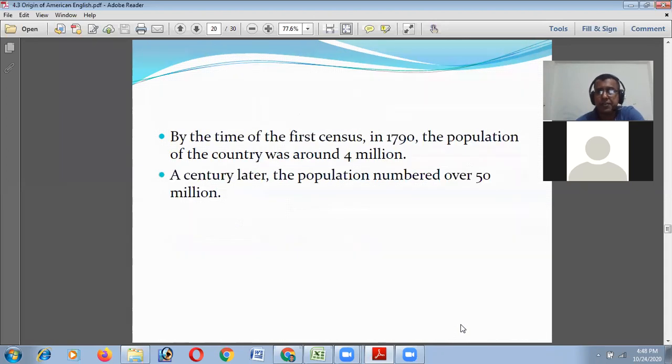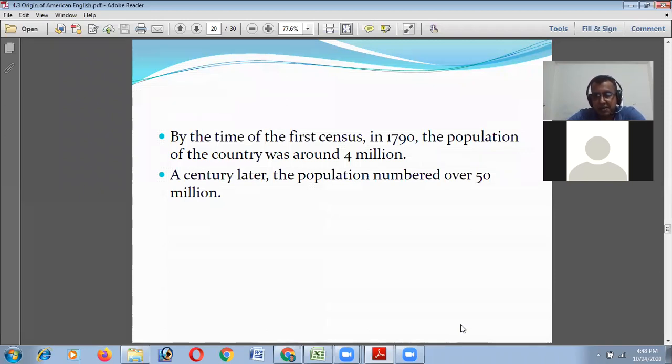By the time of the first census in 1790, after getting independence, the population of the country was around 4 million. In the 1790s, the first census of America was held, and we see that the people of America at that time numbered only 4 million. A century later, the population numbered over 50 million.